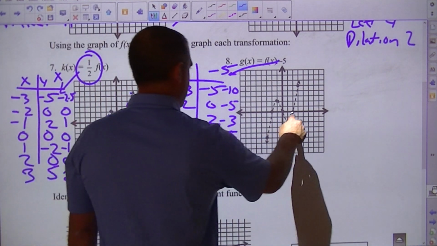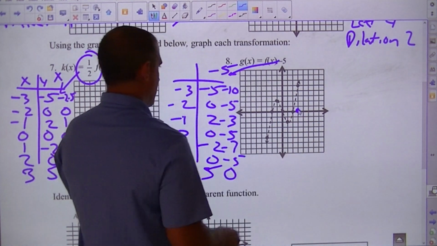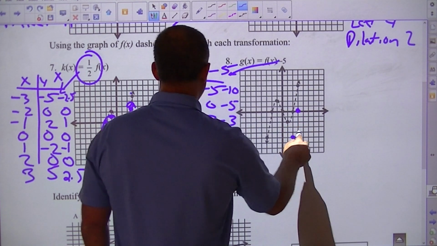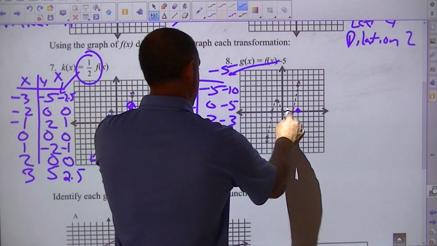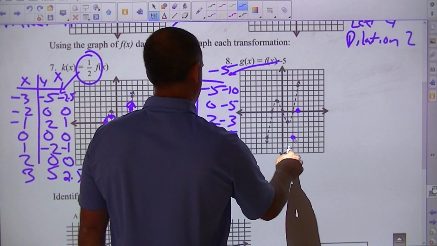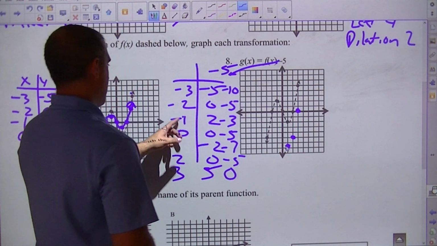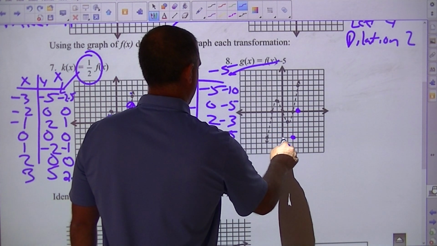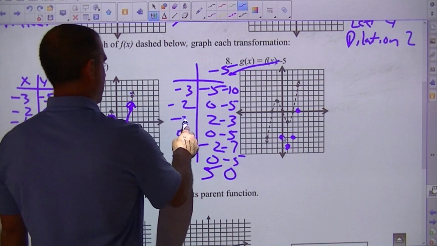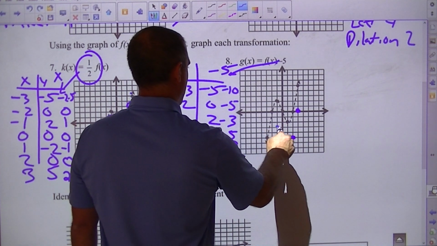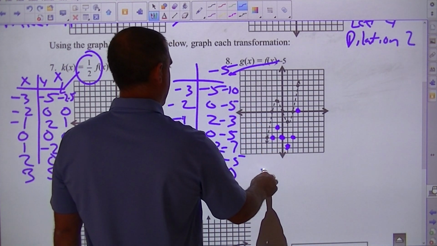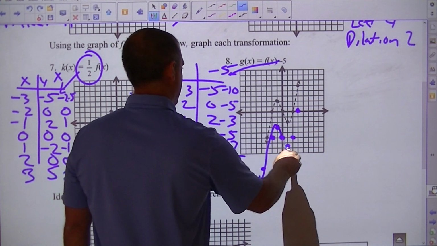All right, so 3, 0 would now be here. 2, negative 5 would be there. 1, negative 7 would be there. 0, negative 5 would be here. Negative 1, negative 3 would be here. Negative 2, negative 5 would be here. 3, negative 10 would be all the way down here. So the graph does this.